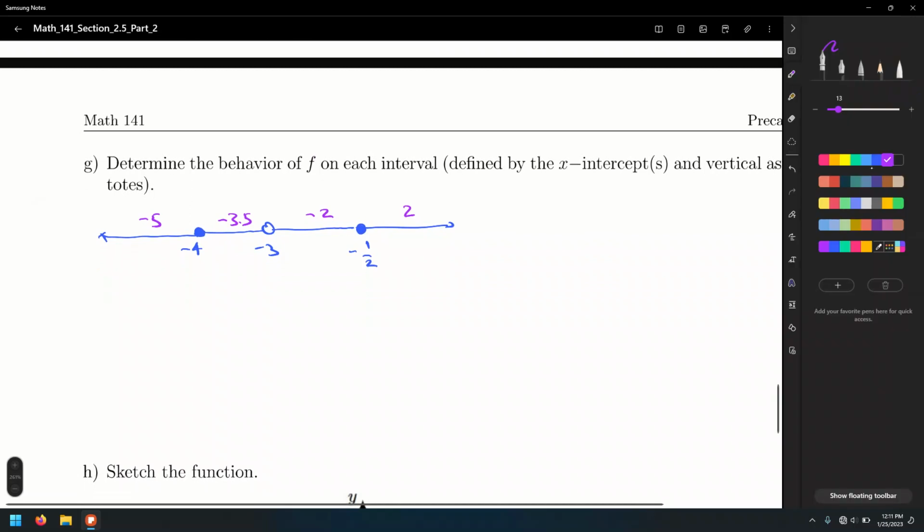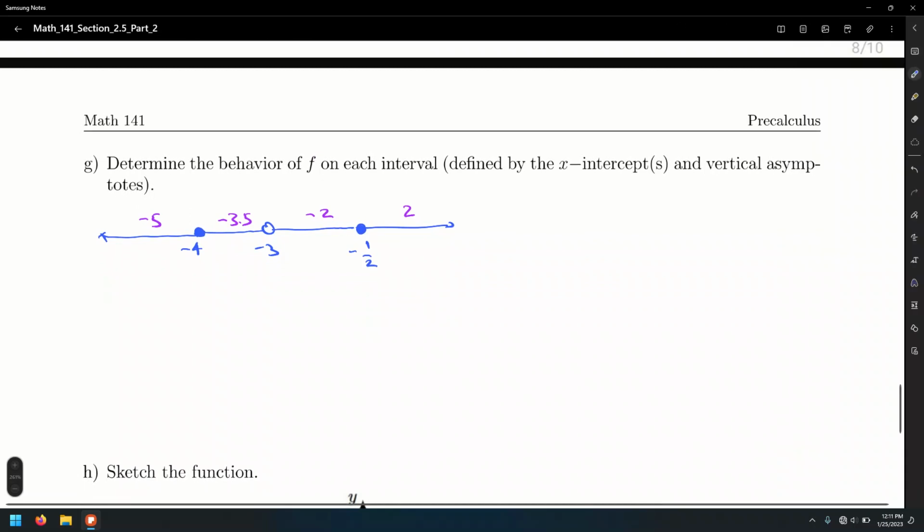Let's plug in the values. Again, like I did before with other examples, I'm going to show one calculation, and for the rest, I will just give you the ordered pair. So f of negative 5, that's going to be 2 times negative 5, quantity squared, plus 9 times negative 5, plus 4, divided by negative 5 plus 3.